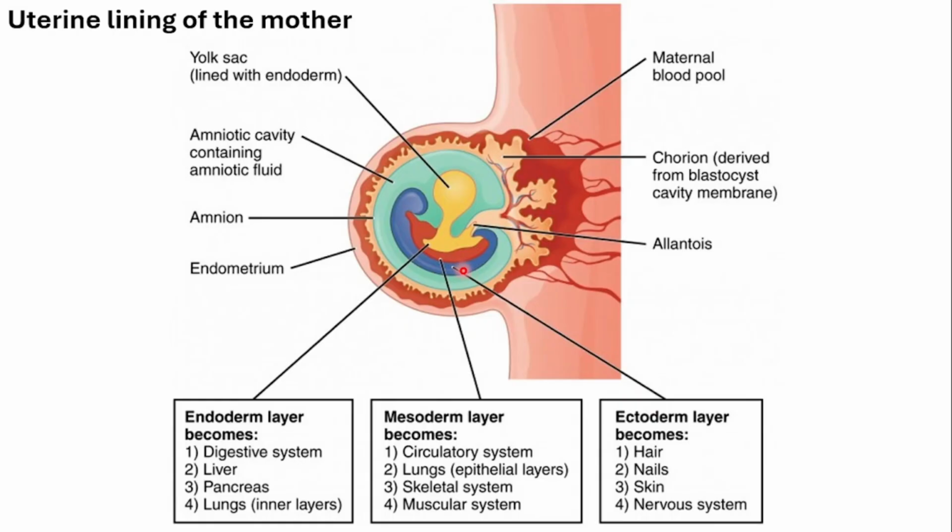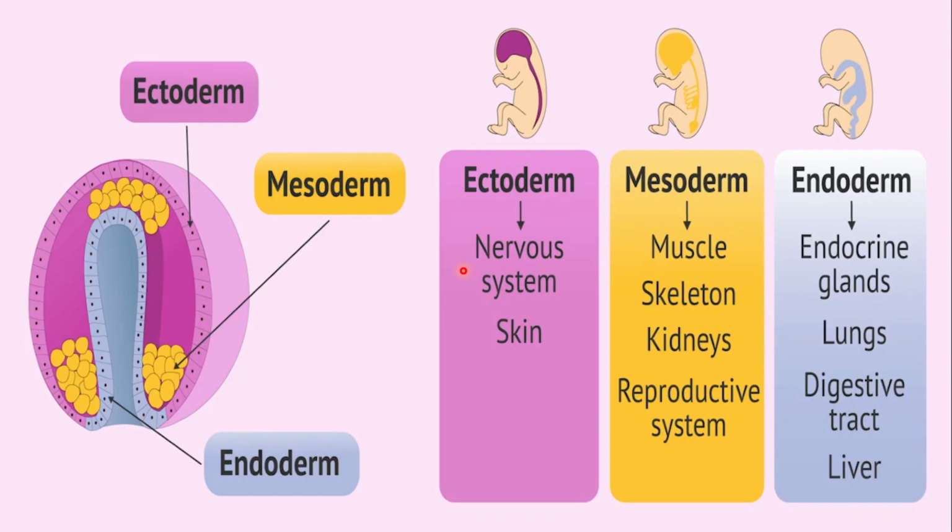So when we're talking about these layers, each of them is going to develop into something. All right. So again, we have the endoderm layer, and the cells in the endoderm layer are going to be part of the endocrine glands, the lungs, the digestive tract, and the liver.